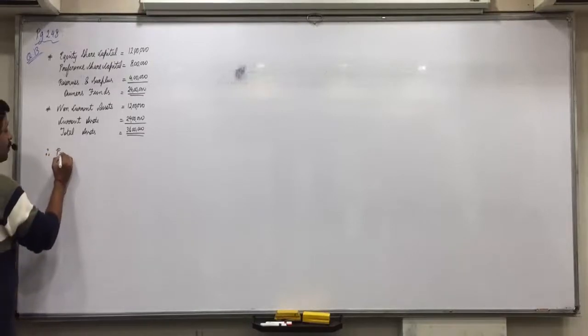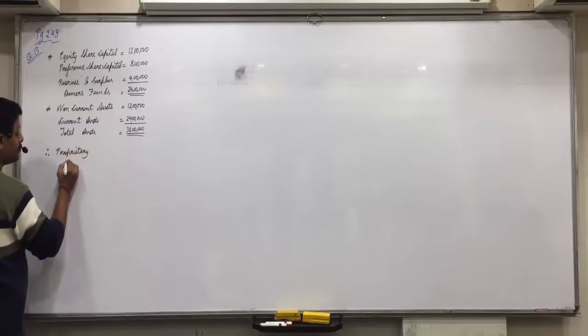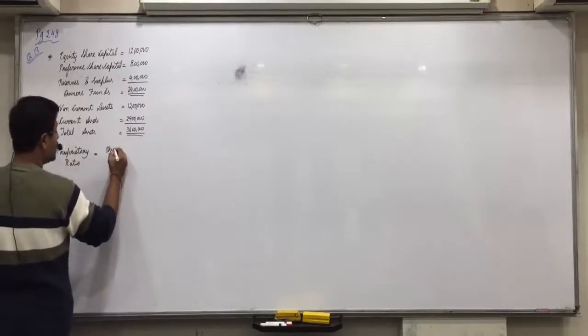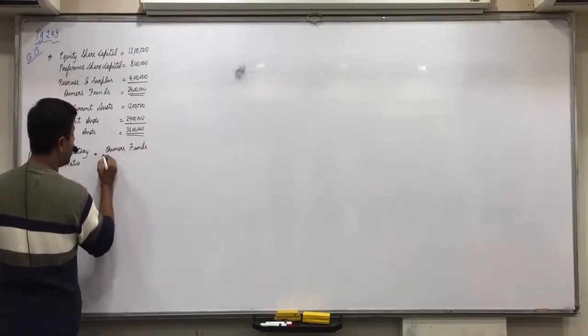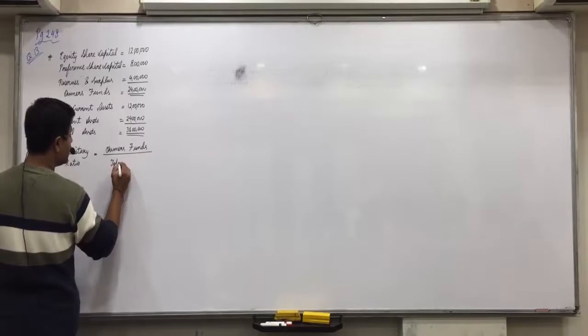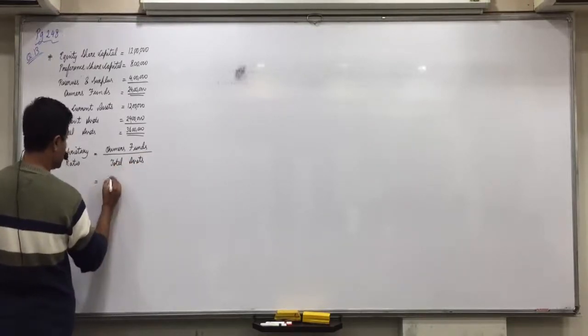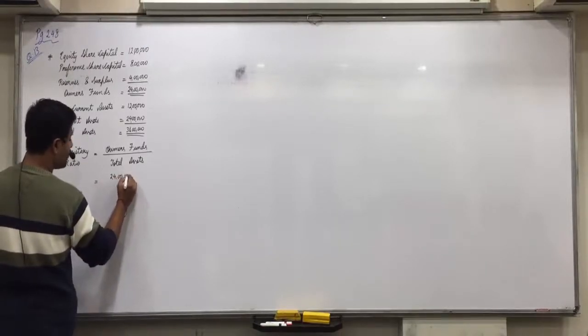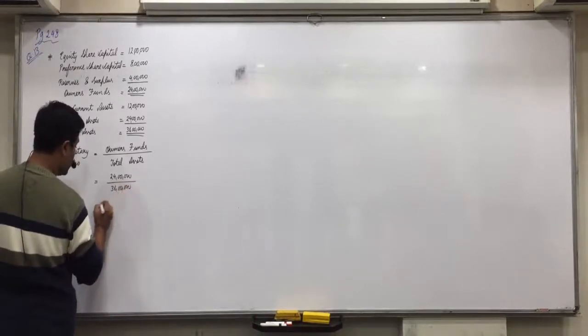Therefore, proprietary ratio is equal to owner's funds upon total assets. So 24 lakhs upon 36 lakhs, 0.67 is to 1.